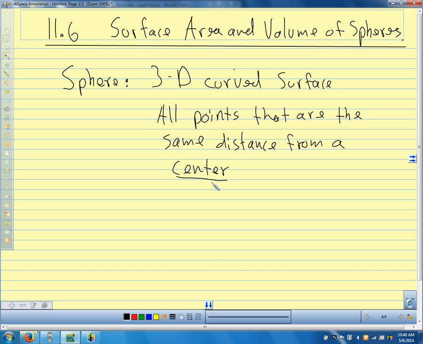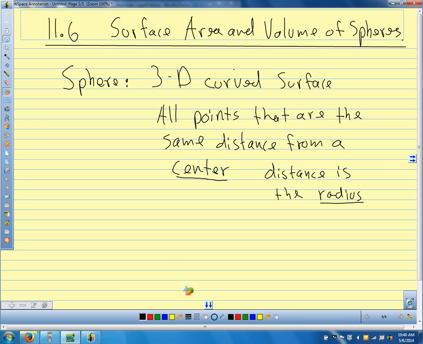And what do we call that distance for the sphere? The distance from the center is the radius. So the only thing we have to worry about with a sphere, the only thing that matters really for our formulas, is the radius.